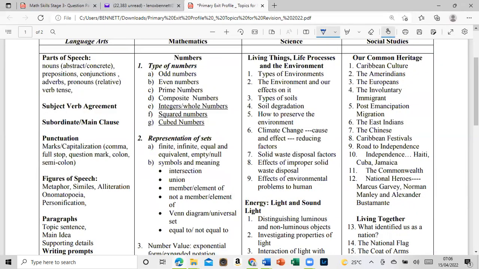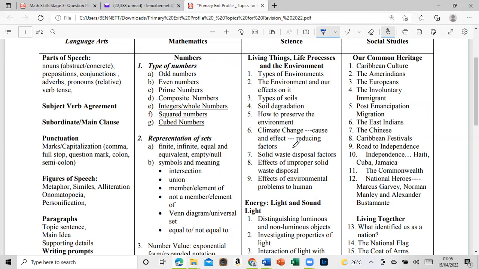Let's look at the science, and they say living things, life processes and environment, types of environment, environment and our effects on it, and so forth. The different types of soil, soil degradation, how to preserve environment, climate change, cause and effect of reducing factors. As I said, guys, you can go through this with them directly in this order.